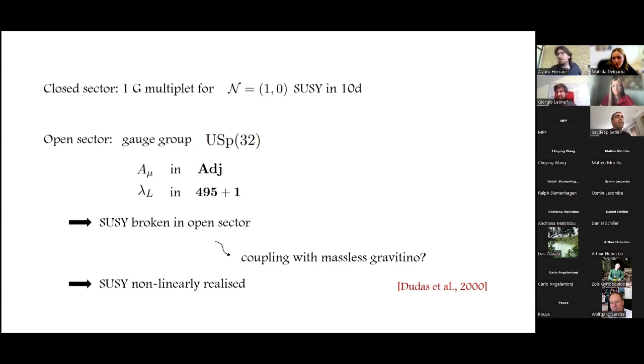It's really a question of whether, in the low energy action, there is a symmetry that one can see as an implication of having non-linearly realized supersymmetry.